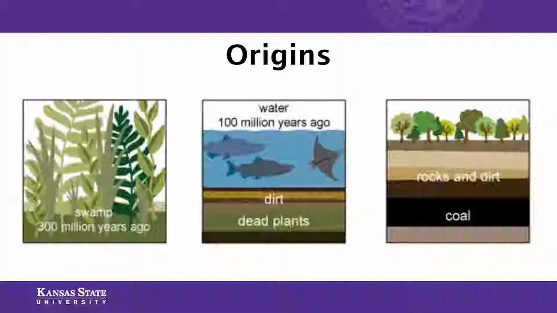All right, so let's look at coal. What is coal? Where does it come from? Coal is similar in that it comes from previously living organisms, similar to natural gas and oil, although it only comes from plants. It does not come from animals. So coal is combustible.